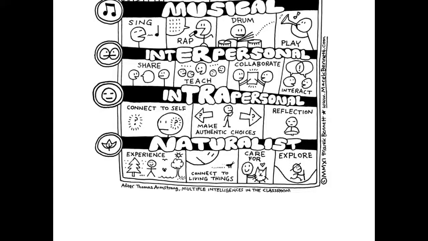Intrapersonal students learn best by allowing them to have individual time for self-reflection. Lastly, naturalist students learn best through being able to categorize the material and/or connect the material to a real-world example, specifically in nature.